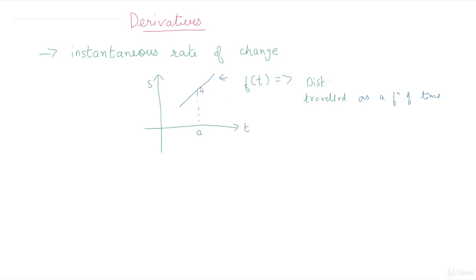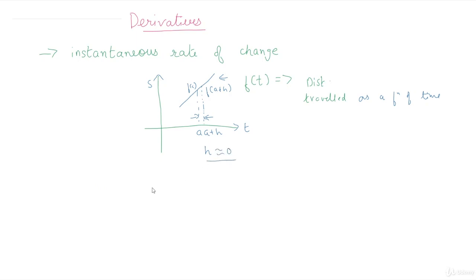And let's say there is a very small, infinitesimal change in considering the next point. Let's say this is the next point, and its x coordinate is a plus h. If this is a, this will be f of a, and if this is a plus h, this will be f of a plus h, right? And since it is the instantaneous rate of change, the change in the input parameter is very small. So this h is very close to 0, so it approaches 0.